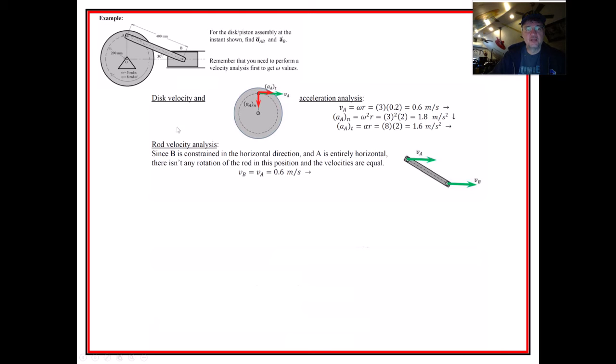And for the rod, we do want to do a velocity analysis first before we do an acceleration analysis. And we find this is a kind of a niche case, a one-off, where when drawing the thing out, we'll quickly find that these velocities at A and B are parallel to each other.